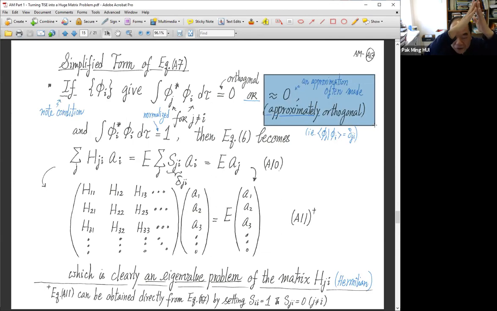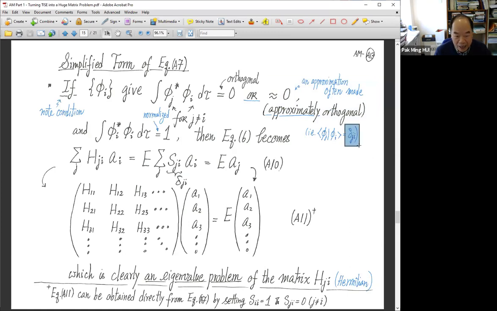The example I give you, the 1s on the left atom, 1s on the right atom, it means S12 will not be 0, but it will be a tiny number, so tiny that let's forget about it, okay? So that is approximately orthogonal, okay? Now, let's make this approximation, thereby Sji will be delta ji, okay?